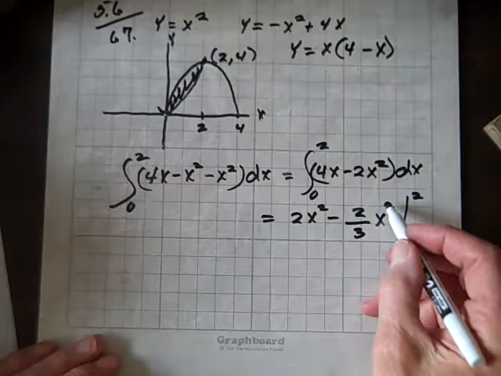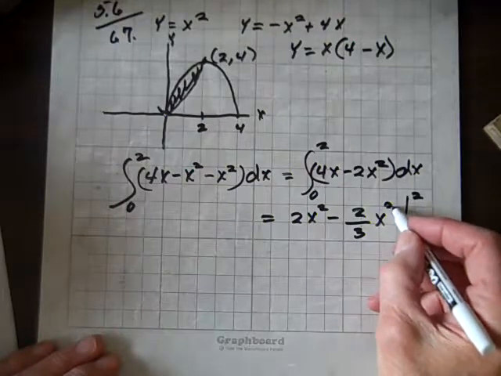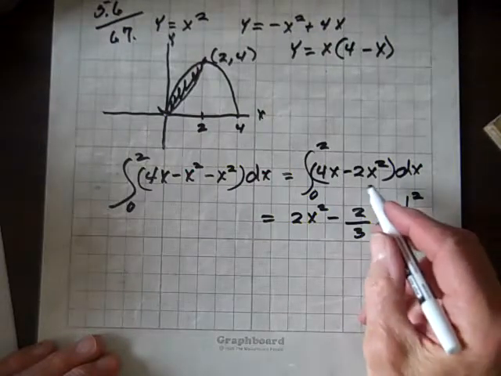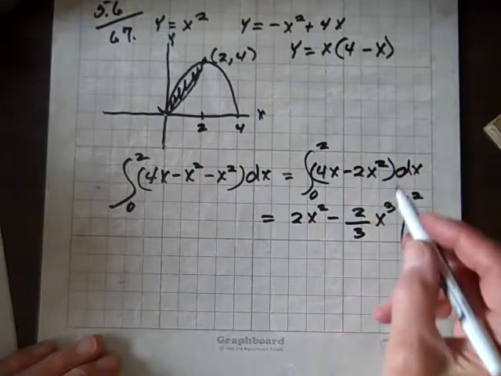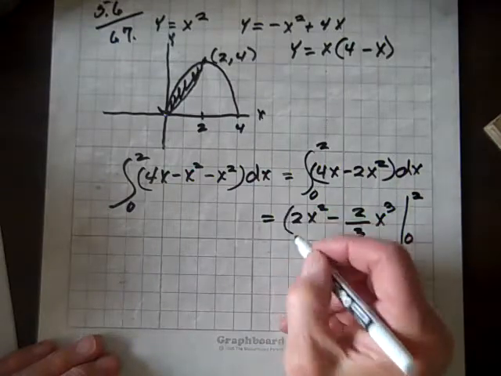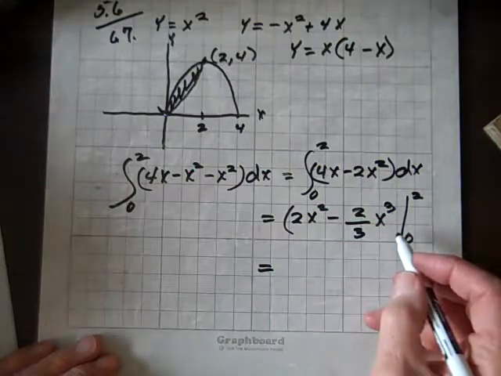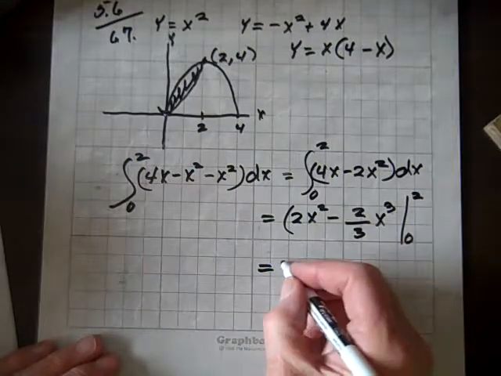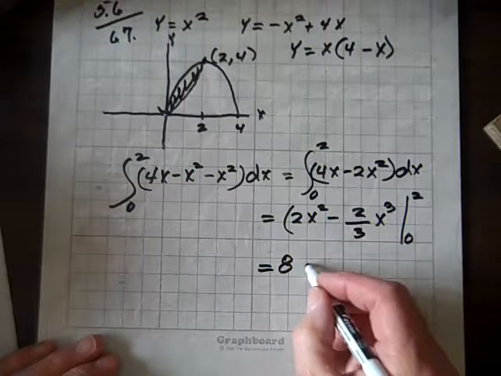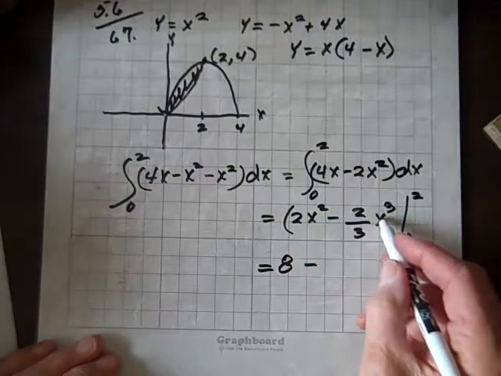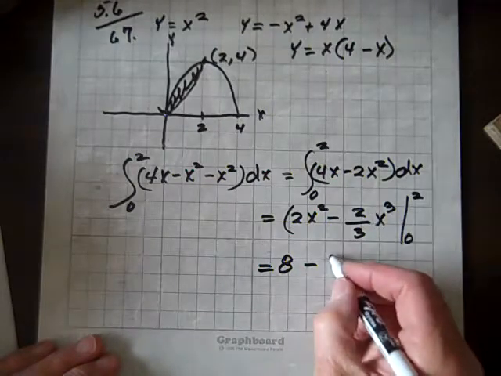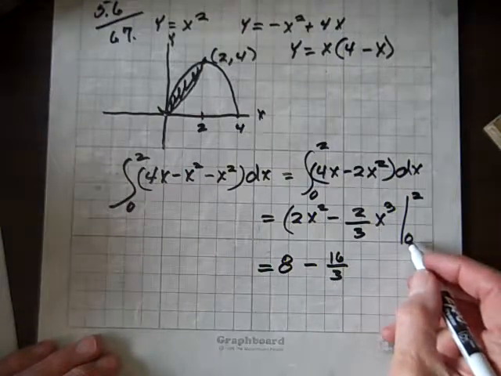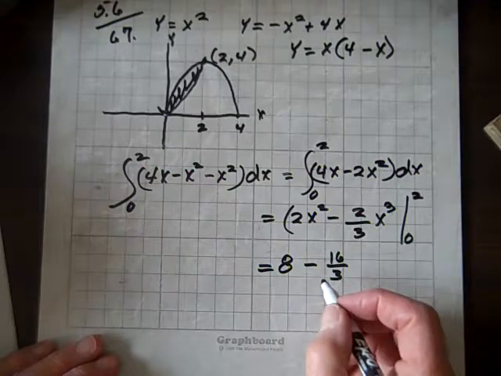If we take the derivative of this, and boy, that should be a cube there, bring the 3 down, they divide out. This will become x squared, and we have a coefficient of 2 left. So now let's evaluate that, and we get 2 squared is 4 times 2 is 8, minus 2 cubed is 8 times 2 is 16 over 3, and then evaluating for 0 we get nothing.